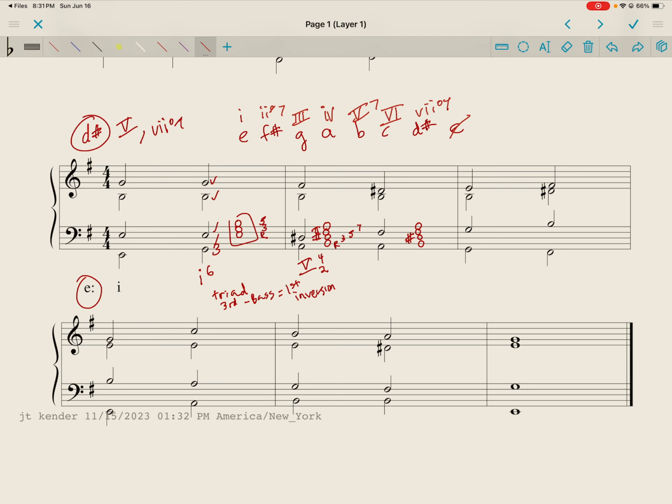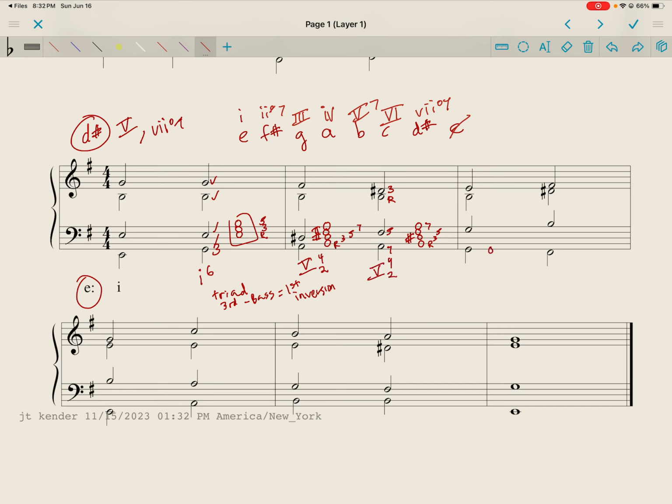So you have B, D sharp, F sharp, and A, which is your 7th, right? So you have root, 3rd, 5th, 7th. Your 7th is in the bass. Again, we just switched up the notes, so it should be 5-4-2 again.